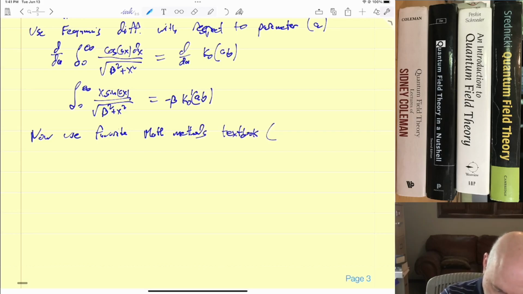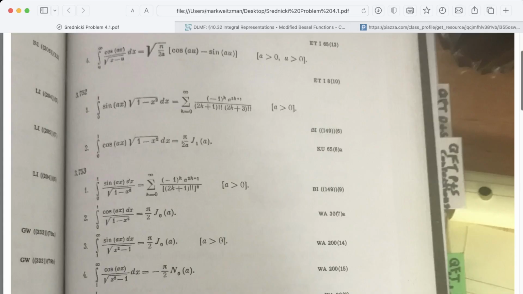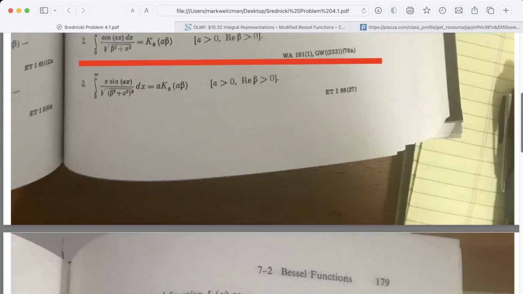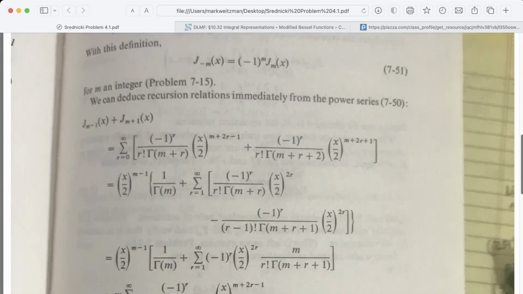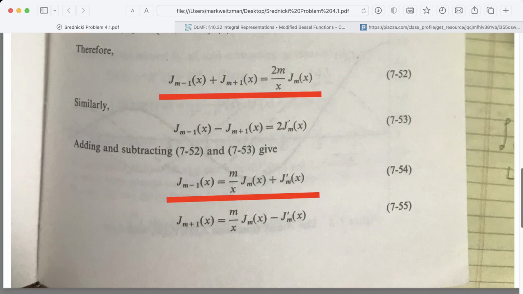In my case, I use Matthews and Walker. And I'll show you that. So this is Matthews and Walker and the two formulas that I use, right there, underlined.